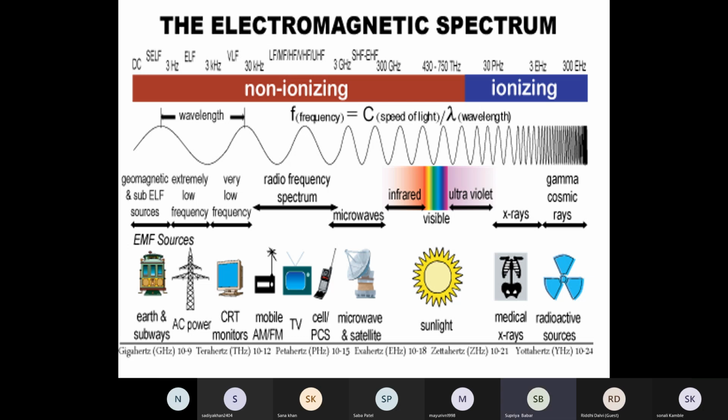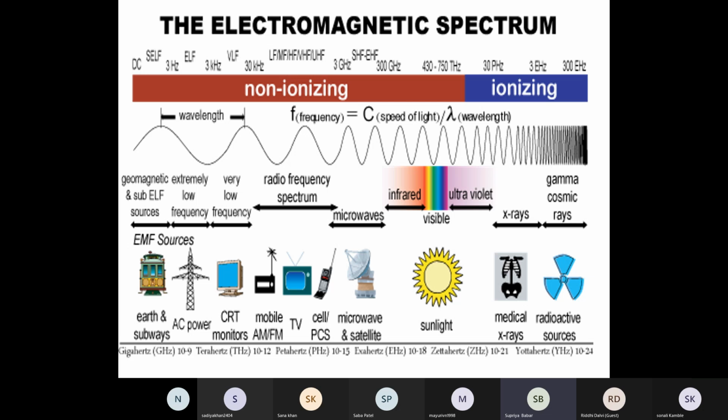We will see the electromagnetic spectrum. The wavelength is expressed in different units in different spectral regions.